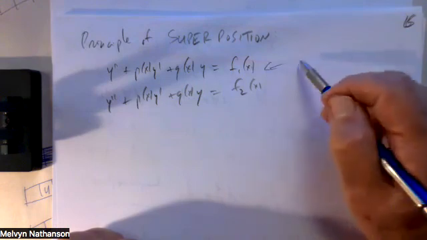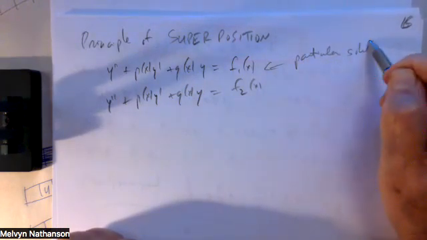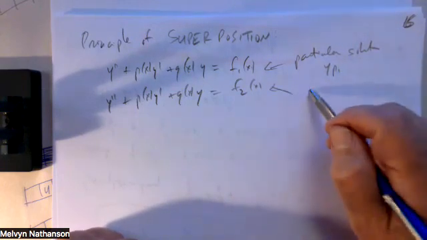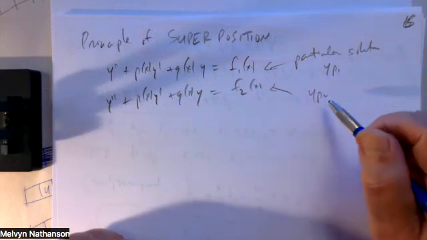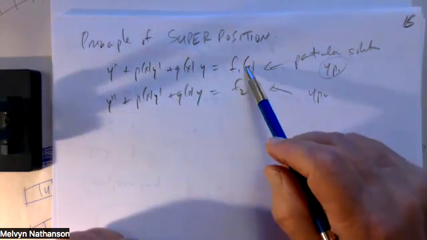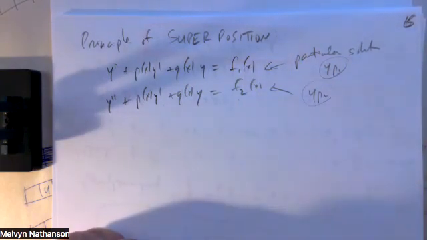And let's say this has a particular solution y sub p1, and this has a particular solution y sub p2. That means if you take this function, you put it into the first equation, it's a solution. If you take this function, you put it into the second equation, it's also a solution.